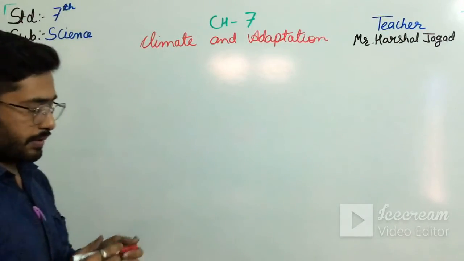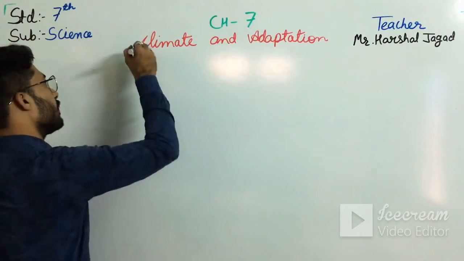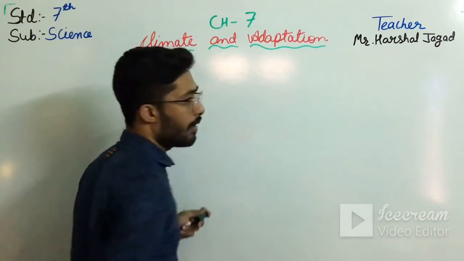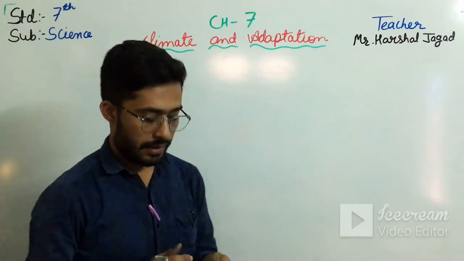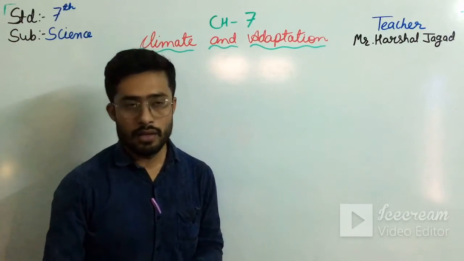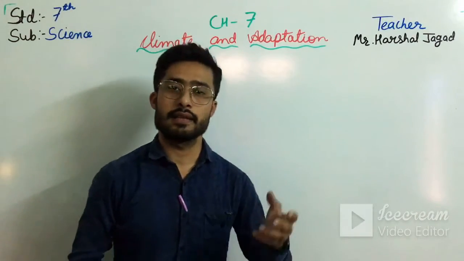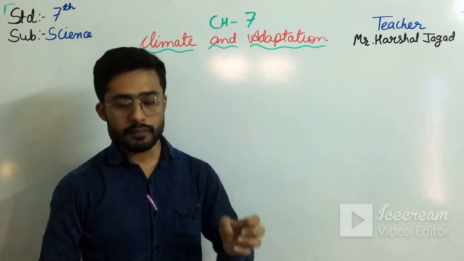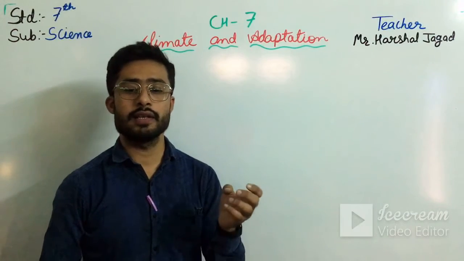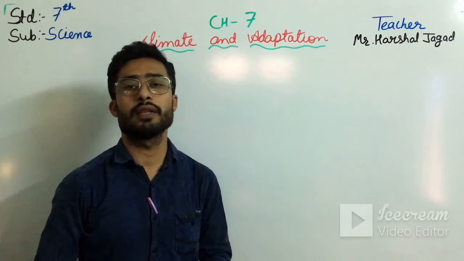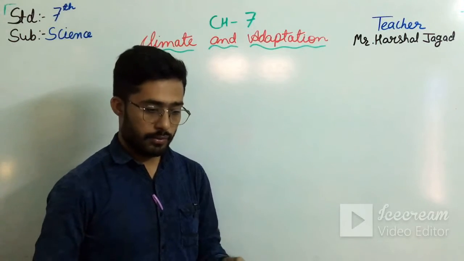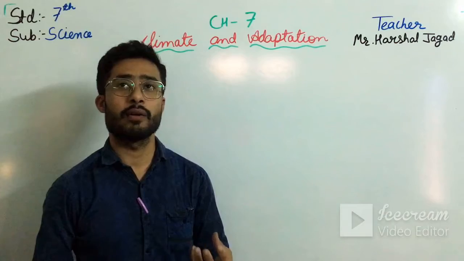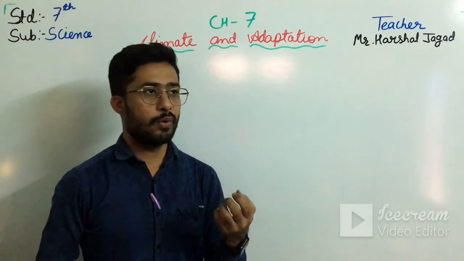Climate and adaptation. See here, what is it? First of all, climate. So we know about the climate, that is, in some area there is summer, in some area there is winter, monsoon, all the things are there. The climate depends upon the location. If now in the winter season you stay in Gujarat, then it will be around 20 to 25 degrees.